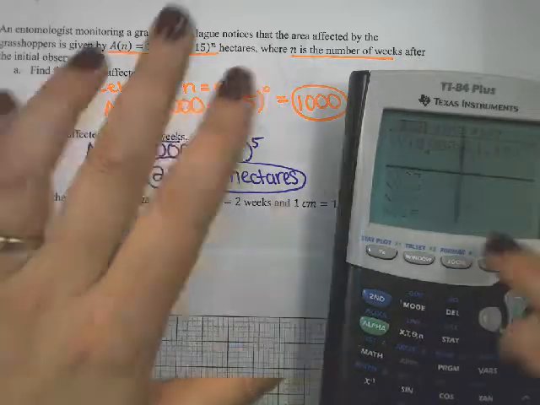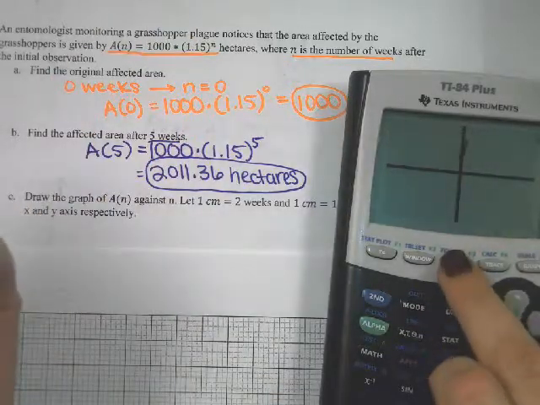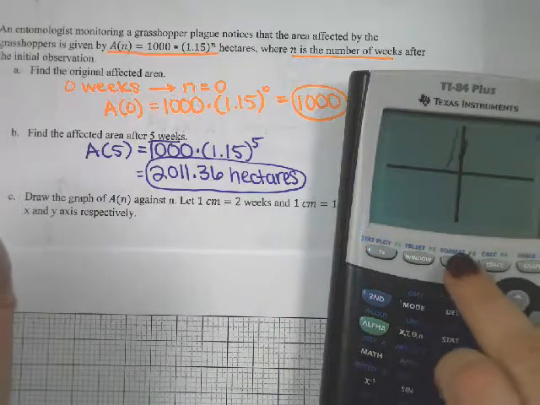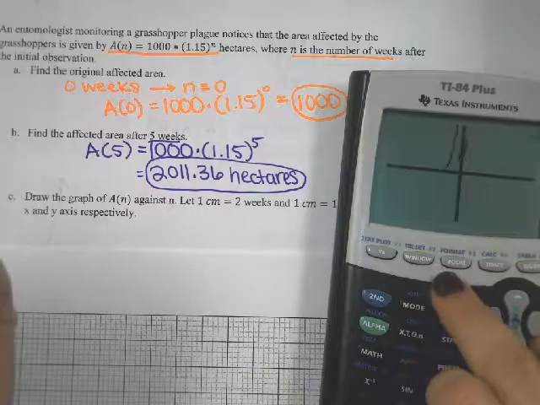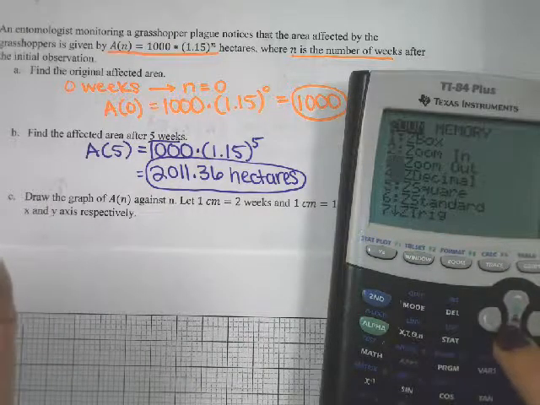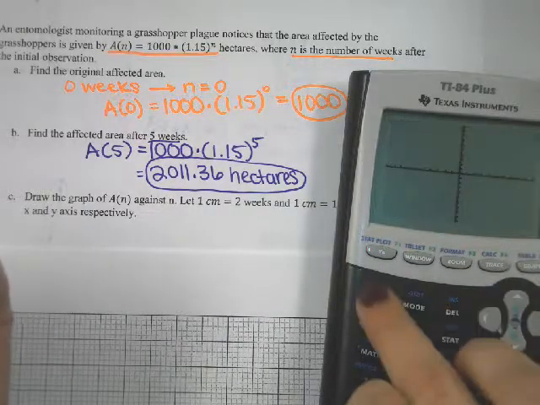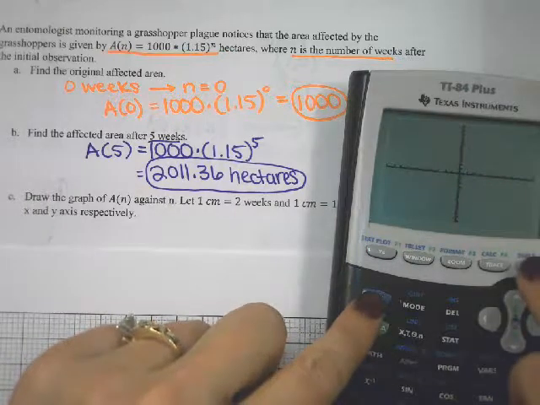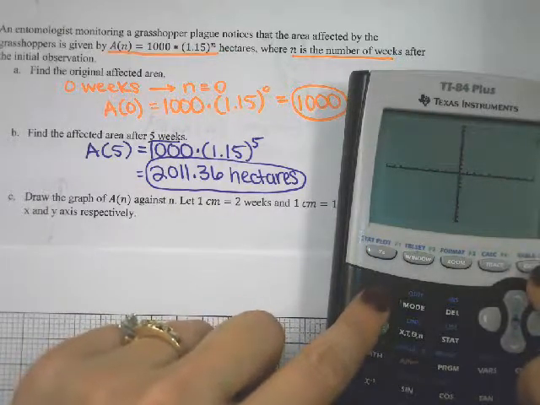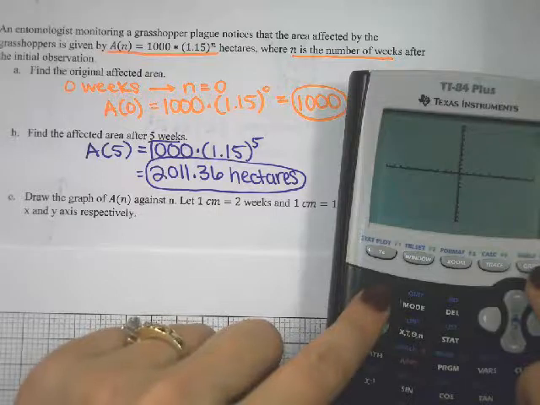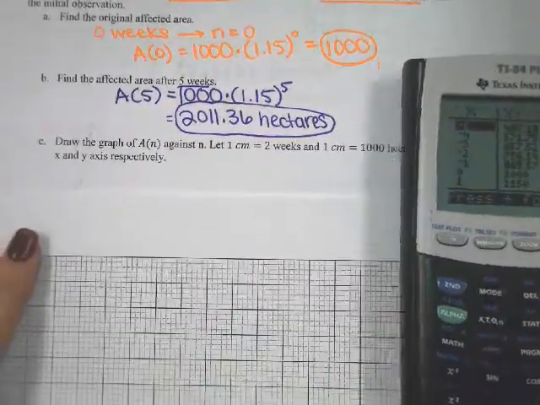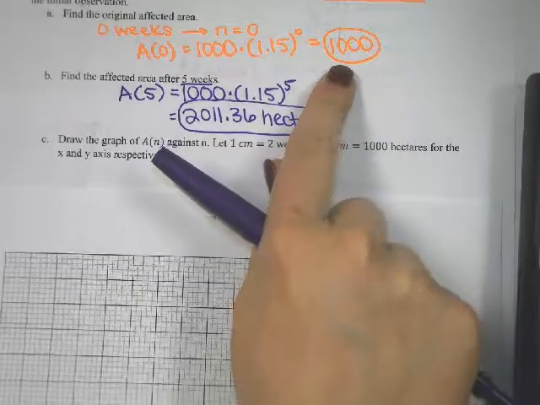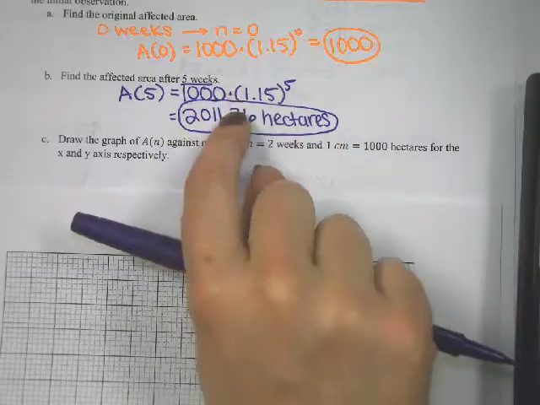Although the whole line would be off of my standard graph, it still generates a table which will help us graph it. So I'm going to go second graph. I need 1,000, and then it does increase pretty quickly.